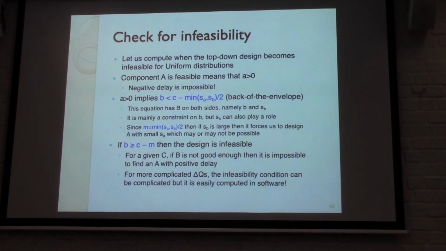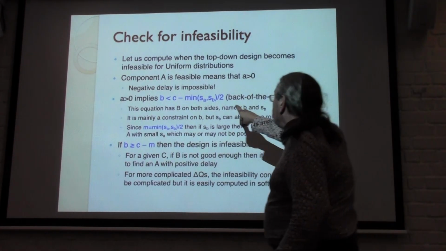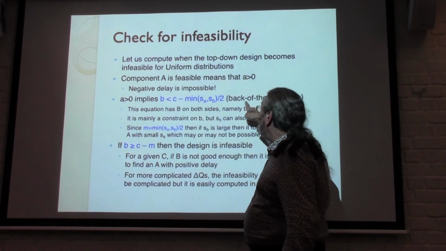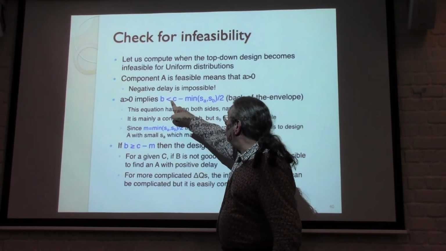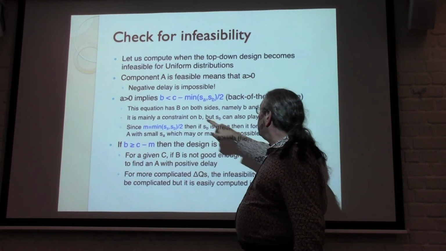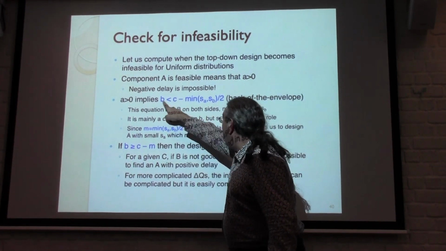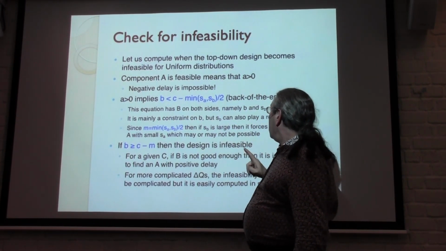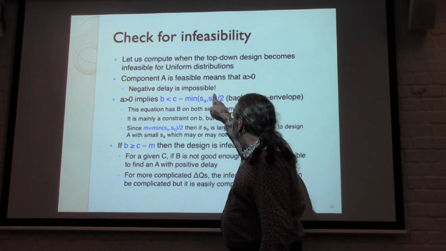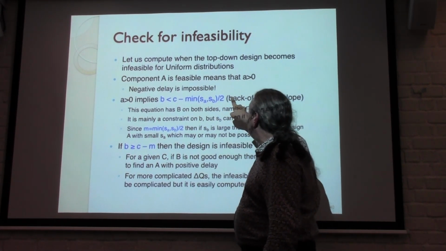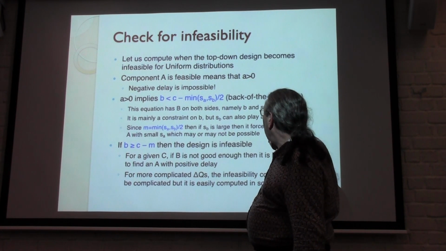See, that's interesting, but this equation is not so simple. It's a condition between B and C, but there's a B on both sides, B and SB. But SB is usually much smaller, it's easier to compute. Okay?